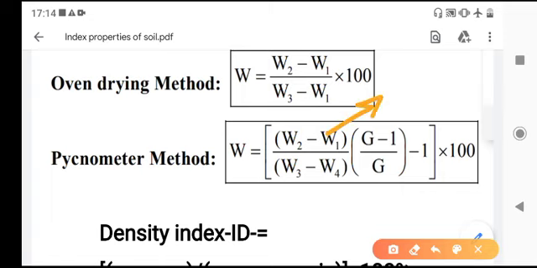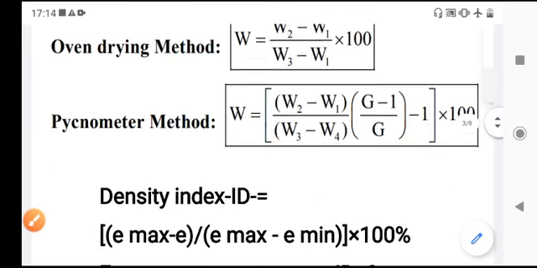W1 denotes weight of empty pycnometer, W2 denotes mass of pycnometer plus wet soil, W3 denotes weight of pycnometer plus soil plus water, and W4 denotes weight of pycnometer and water, and G is the specific gravity of the soil sample.